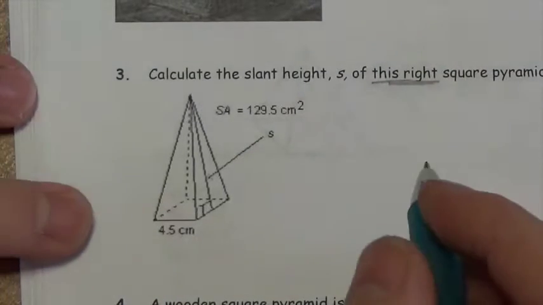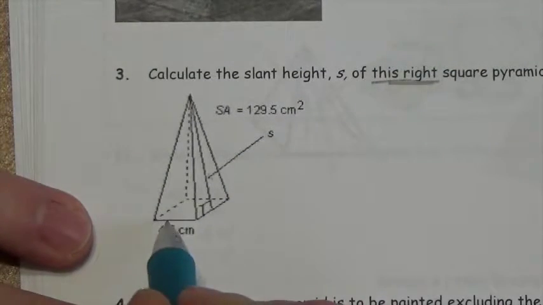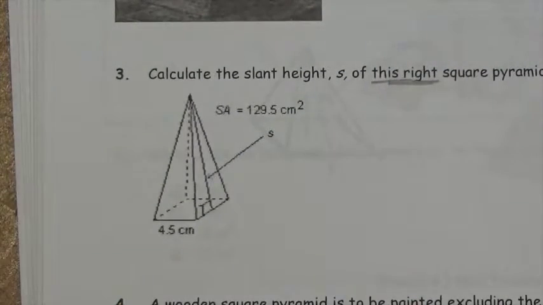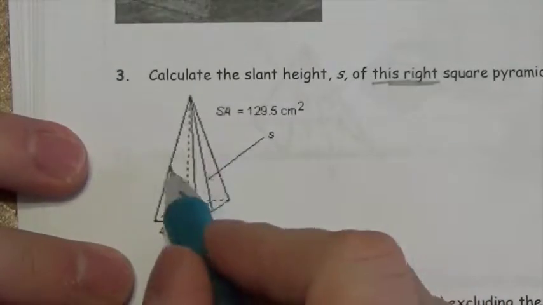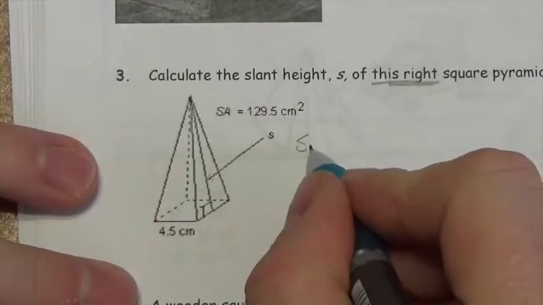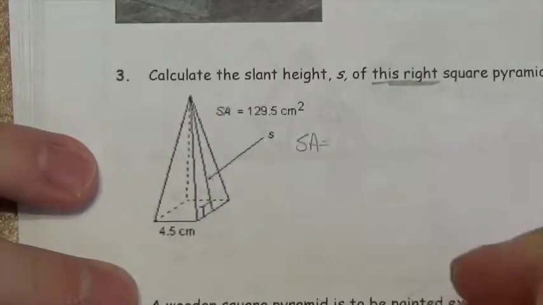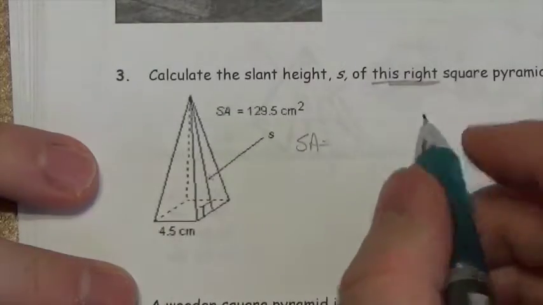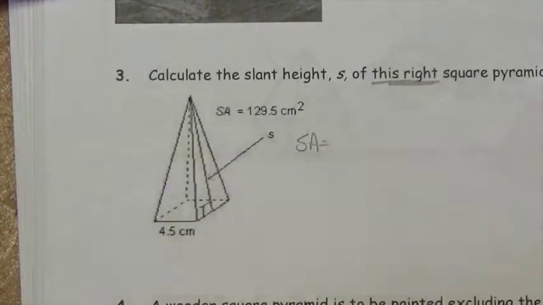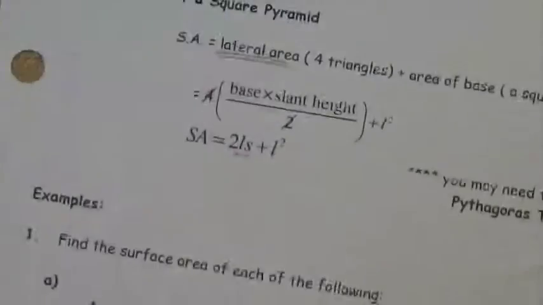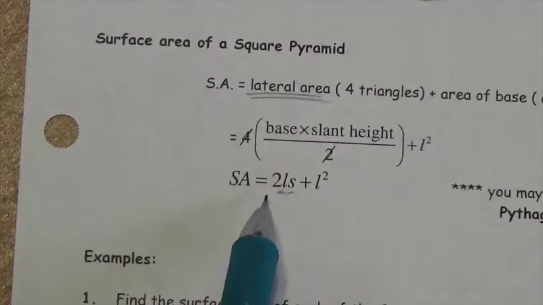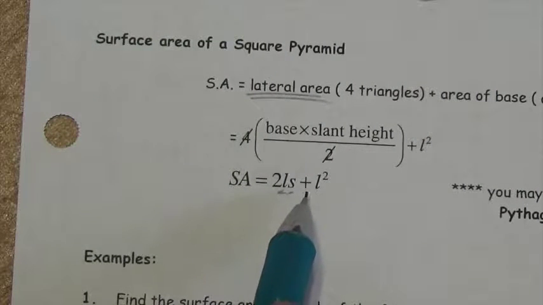Okay, here we go. So we know that the length of the side here is 4.5, and we know the surface area is 129.5 centimeters squared. So the surface area of this square pyramid is going to be, remember how that works. In fact, let's go back, because we've got the surface area formula right there: 2ls plus L squared.